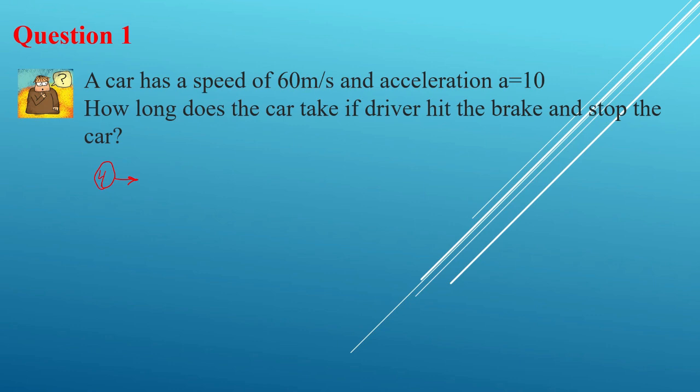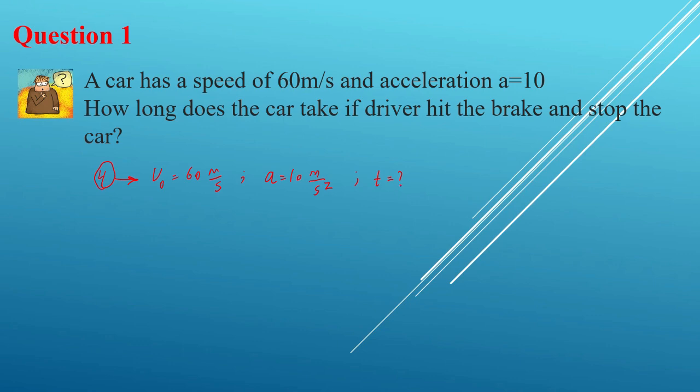So here, the initial speed is 60 meters per second, right? And the acceleration is 10 meters per second squared, correct? And how long is it going to take? I don't know t. T is my unknown parameter.